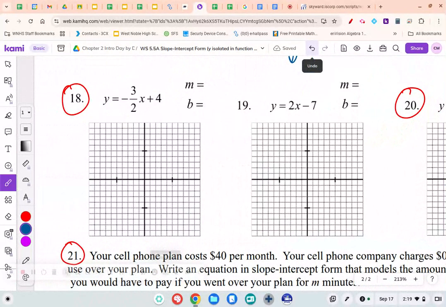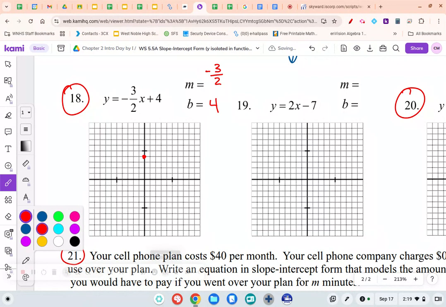Looking at question 18, our slope is -3 over 2. Our y-intercept is 4. So I begin at 4. Then I go down 3 and right 2. Recall, negative, guys, either means you are moving down, like in this case, or it means you are moving left. Positive, you are moving up or right.